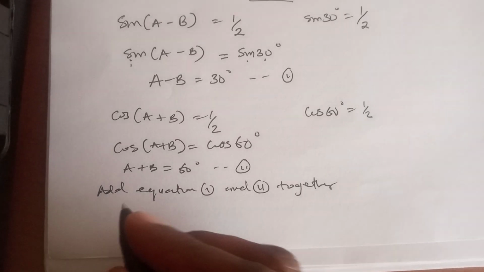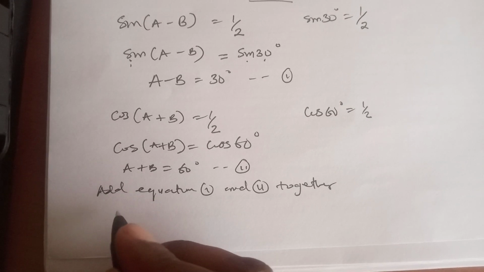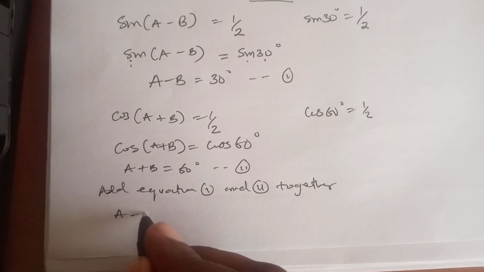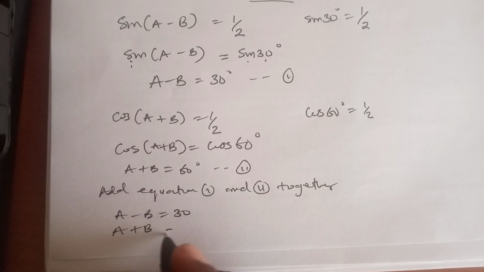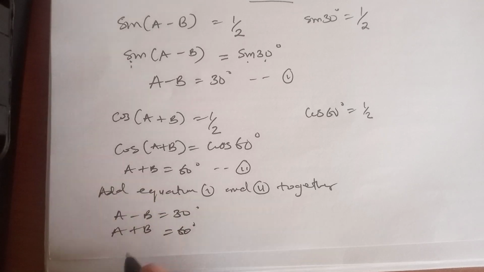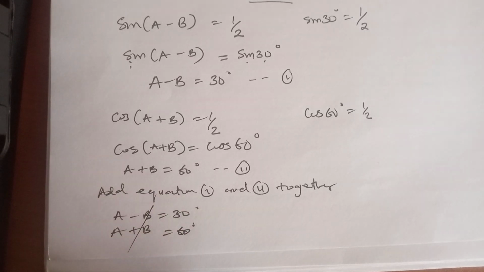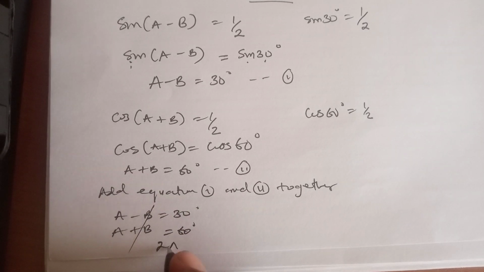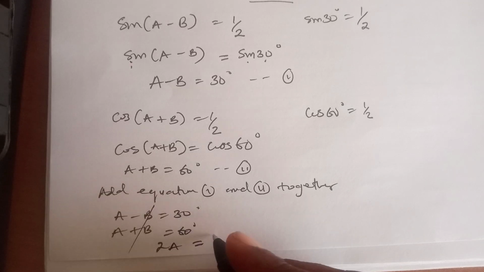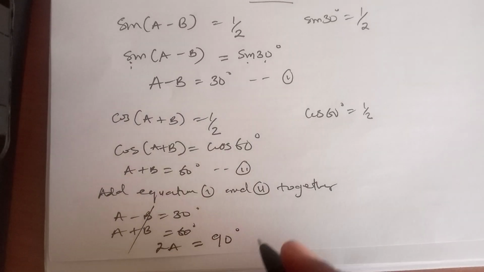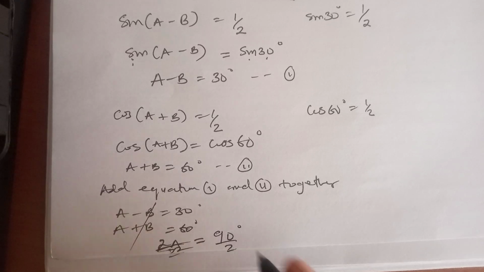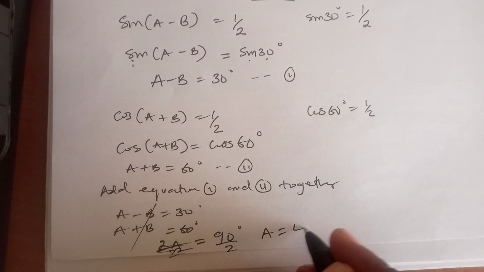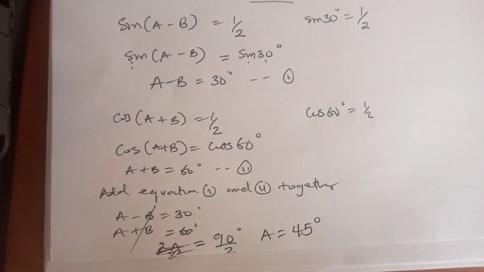When you have them together, we have a minus b equals 30, and a plus b equals 60. So b will be eliminated. So we have 2a equals 30 plus 60, which is 90 degrees. So we divide both sides by 2, because 2 is the coefficient of a. So a equals 45 degrees.